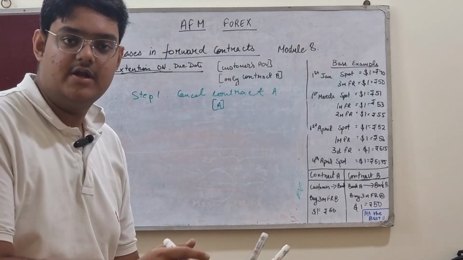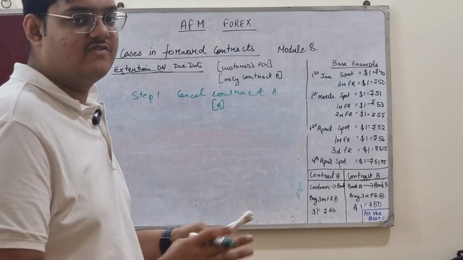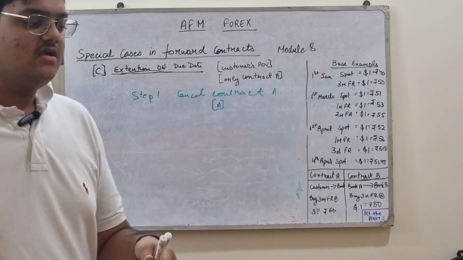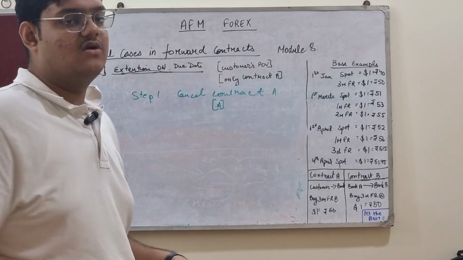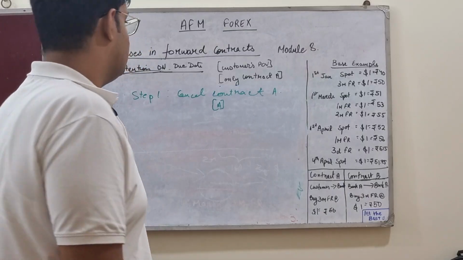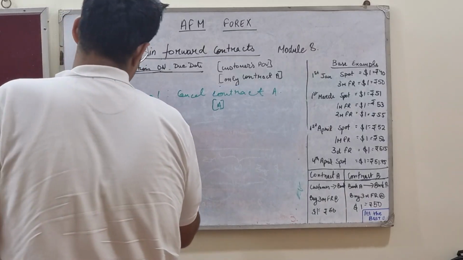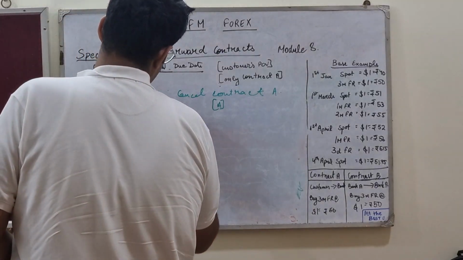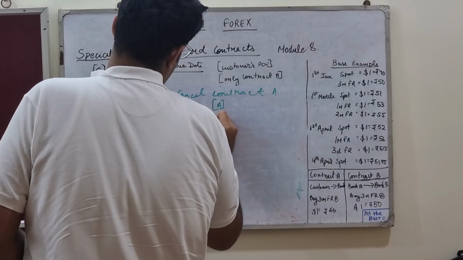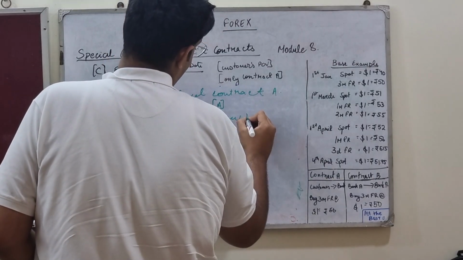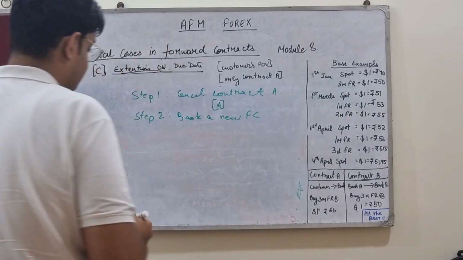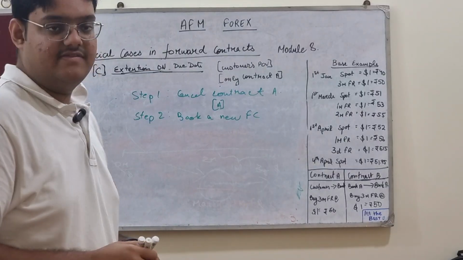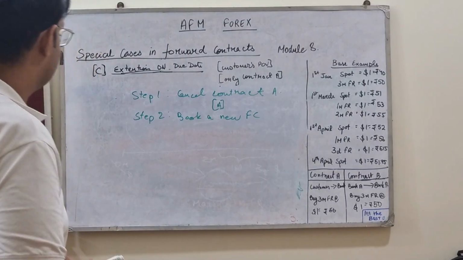If we are buying $1 on the due date, that is, the forward contract is for buying $1, we sell $1 on spot. And then step 2 would be book a new forward contract. It's that simple.